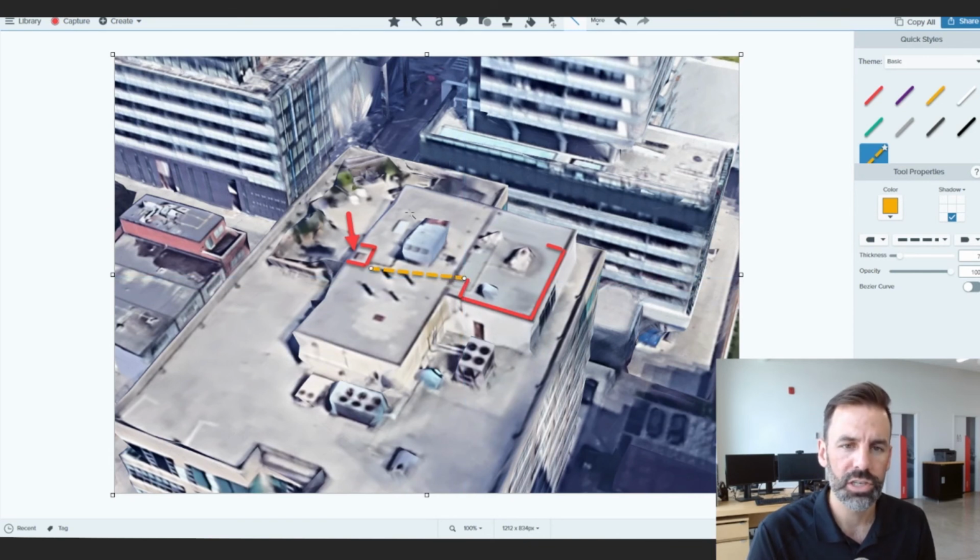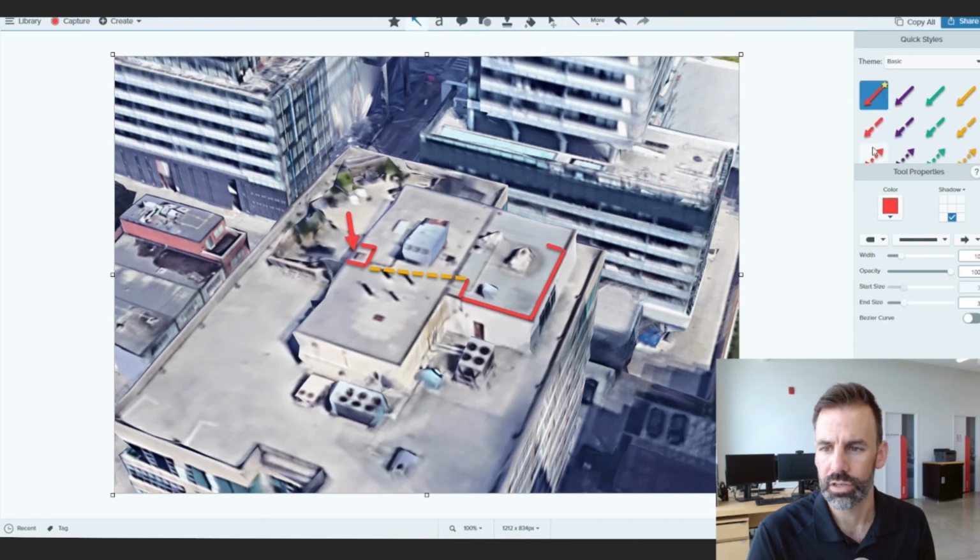How far is this unit from the edge here as well, to make sure that this one needs or doesn't need fall protection? Same thing here. If needed, I would definitely incorporate some fall protection on this side.